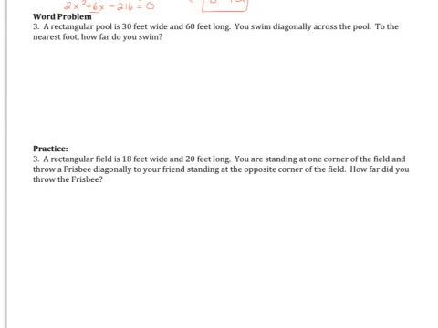Let's take a look at this next word problem. We have a rectangular pool that is 30 feet wide and 60 feet long. So let's draw a pool that is 30 feet wide and 60 feet long. So 30 and 60.